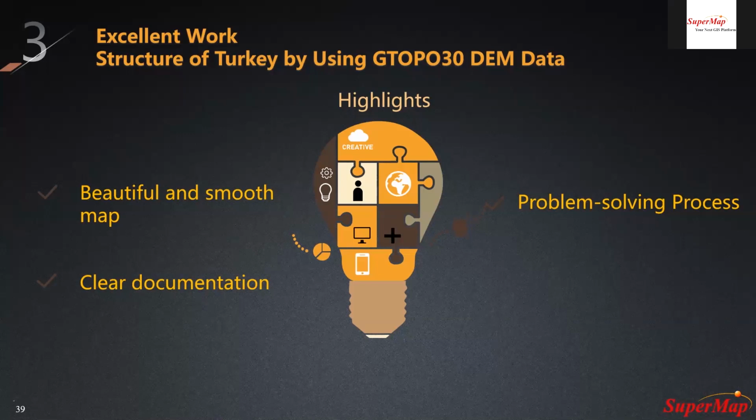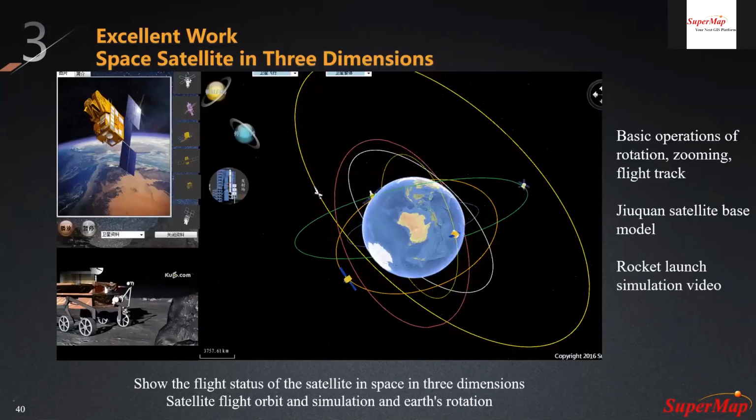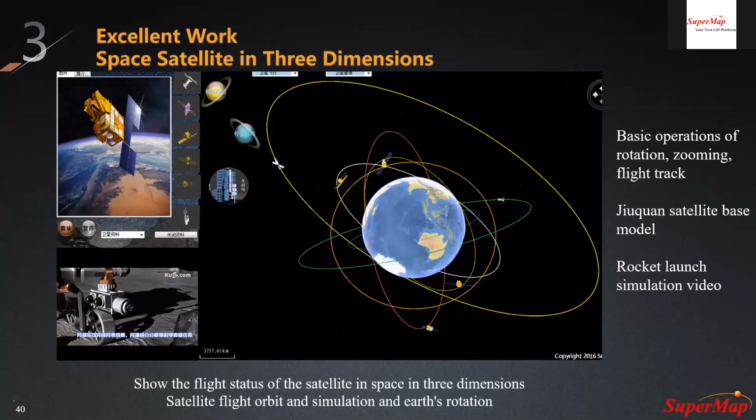And this one is more interesting. This is a model that shows the flight status of a satellite in space in 3 dimensions. And here we can see there are satellite flight orbits and also the rotation of the Earth.